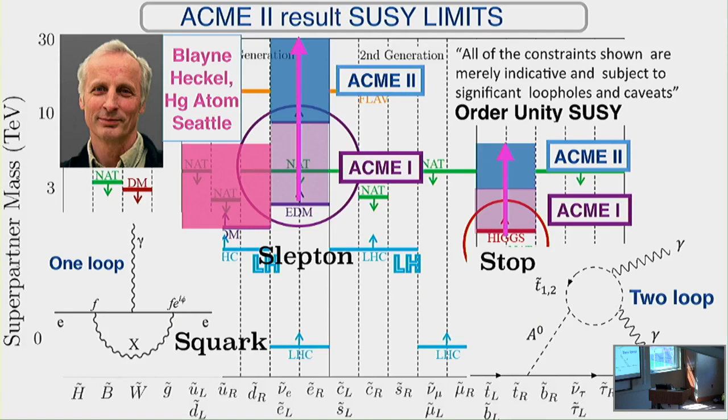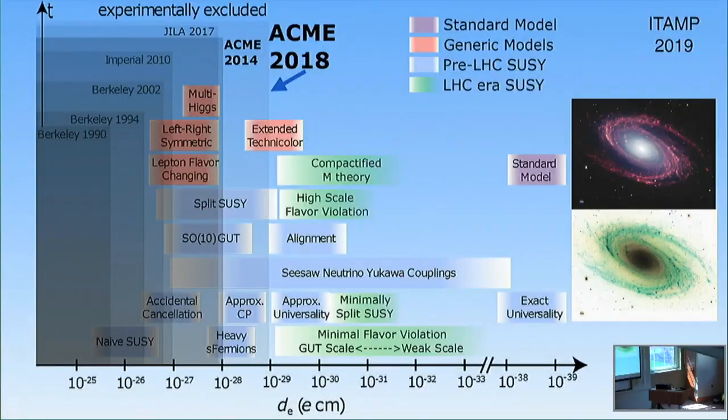So that's the thing that's great about these 2 loops, is that you really have this very, very broad sensitivity to a whole wide range of new physics. It's not just some kind of narrow, okay, I'm testing this one particle or this one model. It's very broad. So here's now the EDM along this axis.